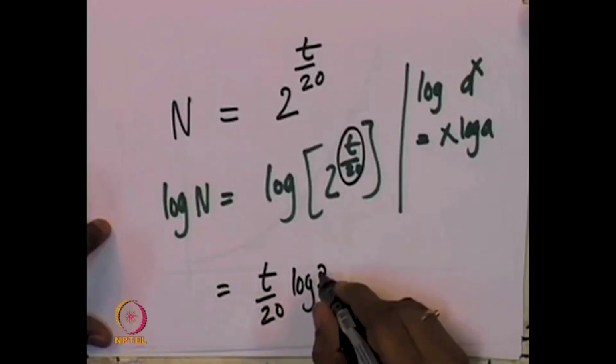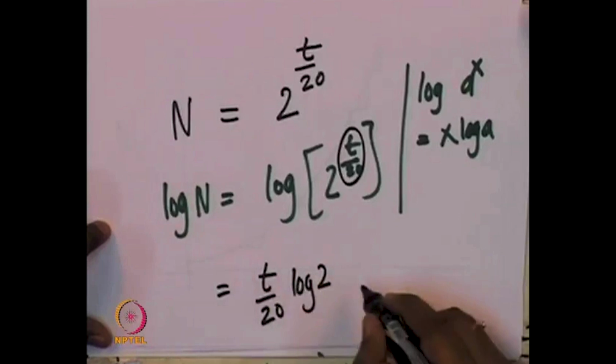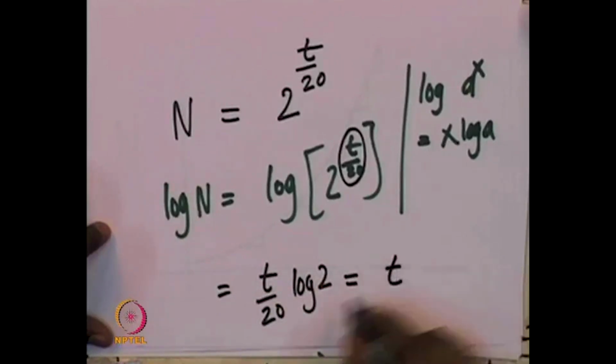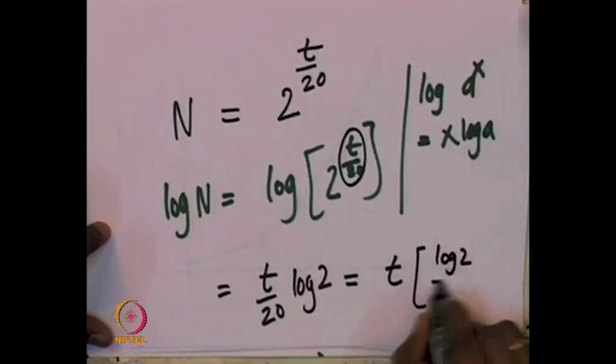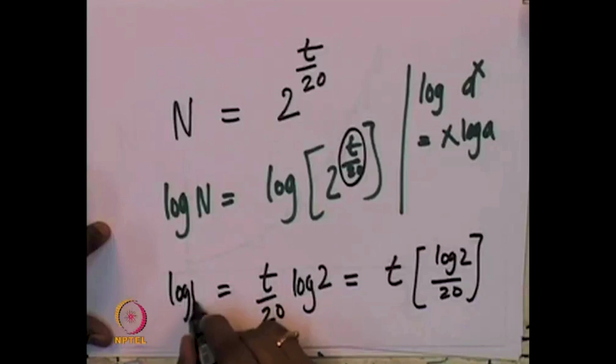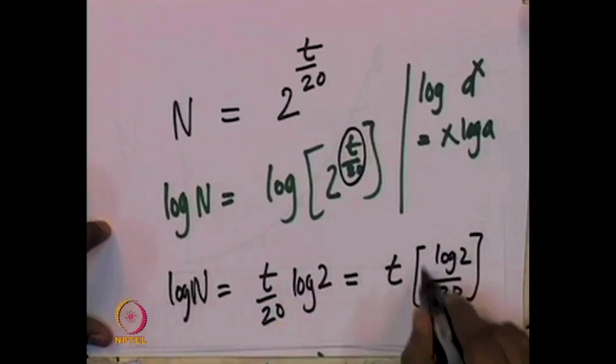Log 2 is a number, 20 is a number, and t is the variable on the x axis. So, you can write it as t times log 2 divided by 20. So, basically log n is t times log 2 by 20. So, this is log n is t times some constant.